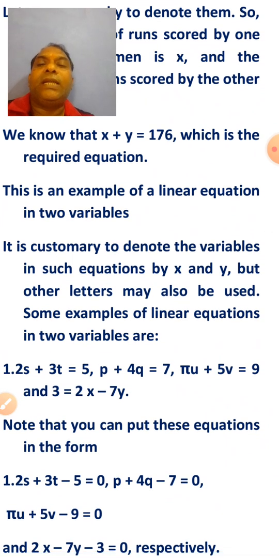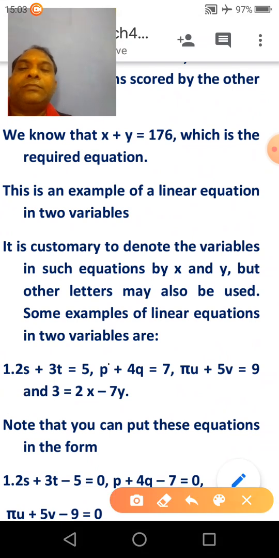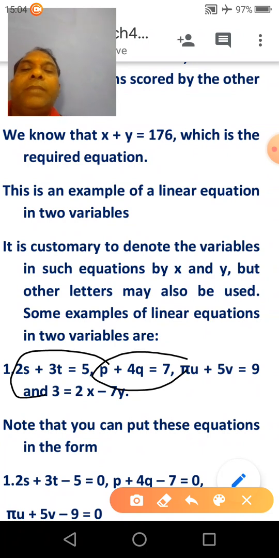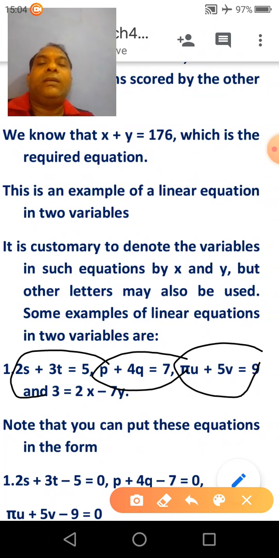Some examples of linear equations in two variables are 1.2s plus 3t is equal to 5, or p plus 4q is equal to 7, or pi u plus 5v is equal to 9, or 3 is equal to 2x minus 7y.